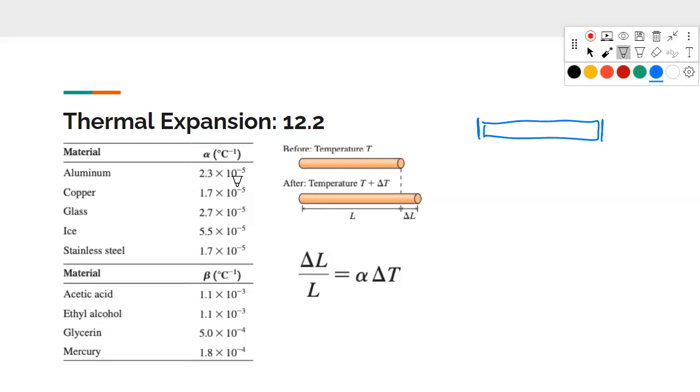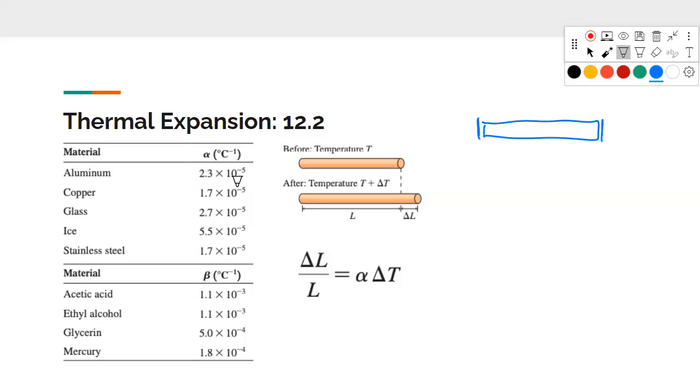So when you start getting to the scale of like a bridge, all bridges over a certain size are built with little gaps in the road and underneath in the supports, so that when this thermal expansion takes place, it has a space to go into. It doesn't just break things as it expands, because this thermal expansion can apply an incredibly large force.